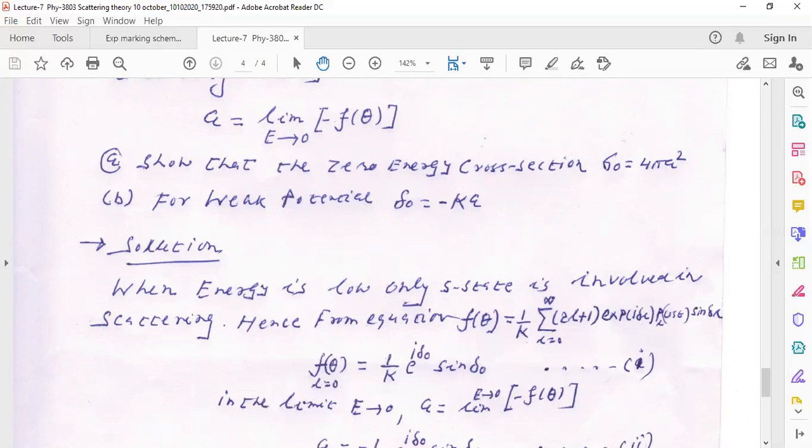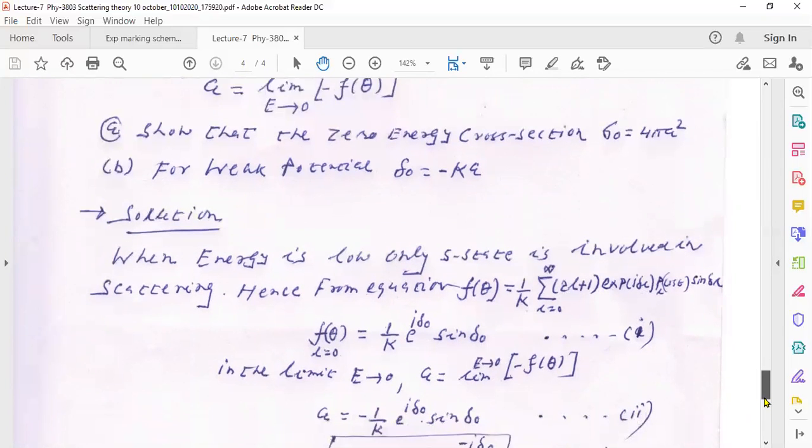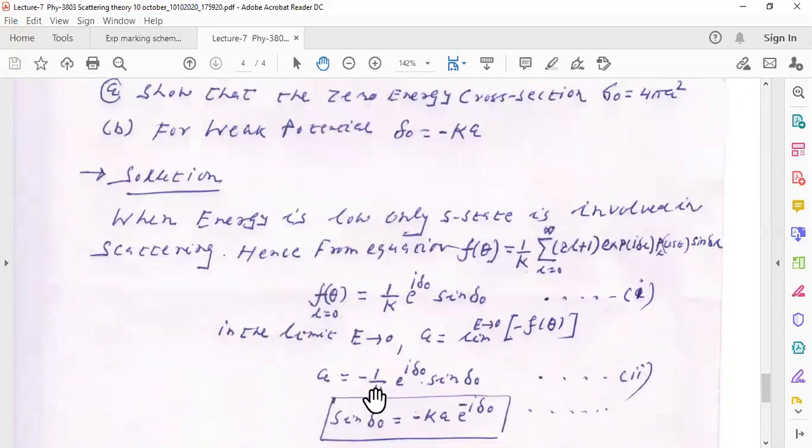Now in the limit of E tends to 0, you take the limit of minus f(θ), right? Where a is equal to minus f(θ), so you apply a minus sign here. When you apply the minus sign, you will have the scattering length a equal to minus 1/k e^(iδ_0) sin δ_0.